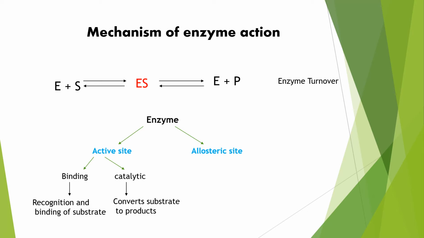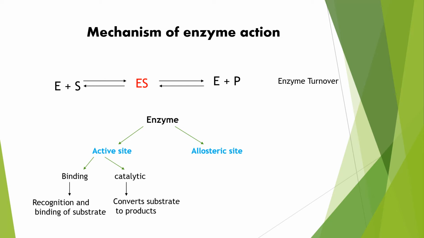Now this enzyme substrate complex is then converted into enzyme, that is the same enzyme that was used, and the substrate is converted into the products. And as this enzyme is removed from the enzyme substrate complex, we will use the term enzyme turnover here.